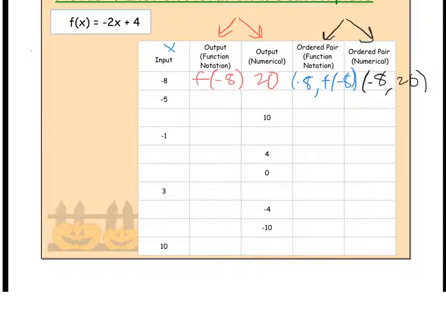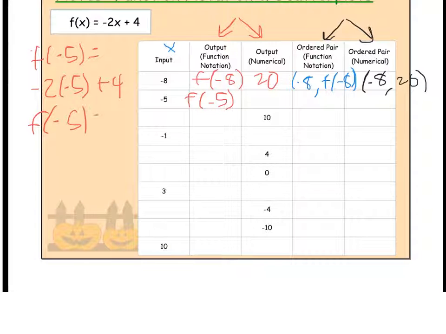So now I'm going to do if I did negative 5 for my input. So again, my output in function notation would be f of negative 5. I haven't actually done any calculations yet. Go through and plug it in to get my numerical output. So I have negative 2 times negative 5 plus 4. Negative 2 times negative 5 is 10. 10 plus 4 is 14.